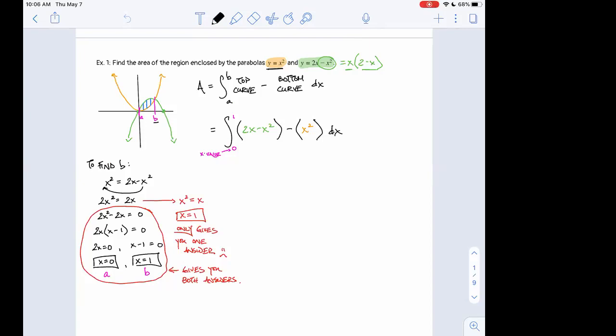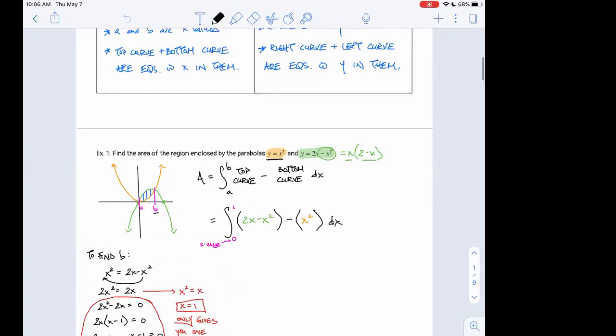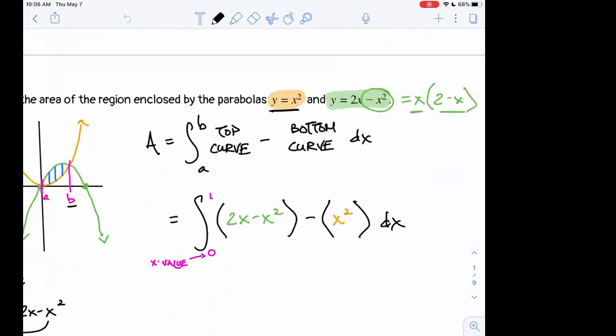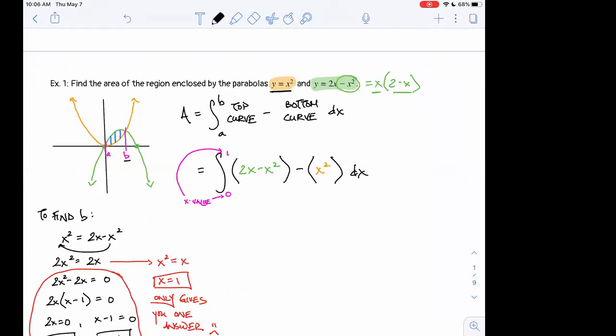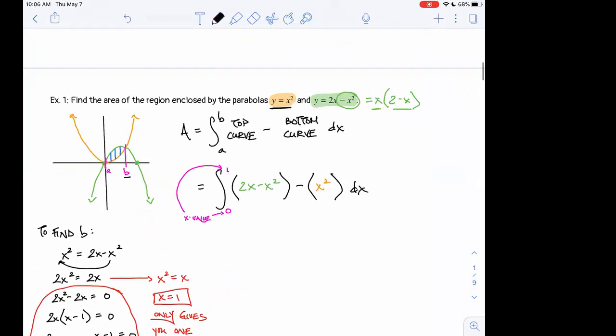Once we've got our setup, and we know that the 0 is an x value, and so is the 1, we've got all x's in our equation, and we have a dx at the end. Now we're ready to solve. We really need to make sure that everything matches before we go off and solve.